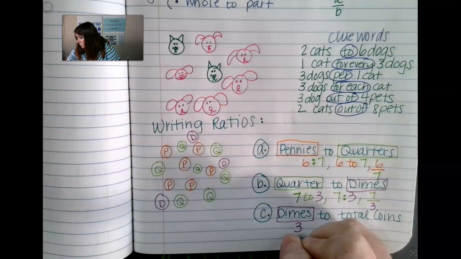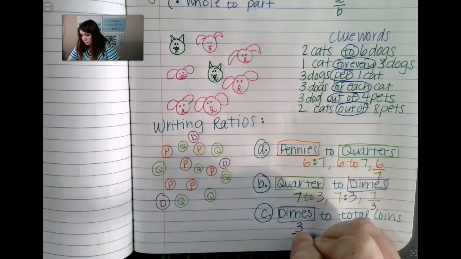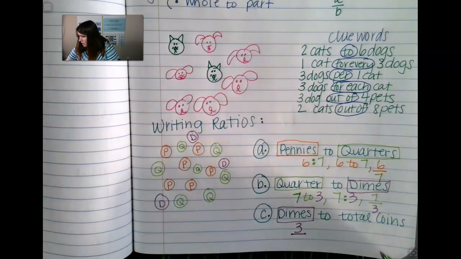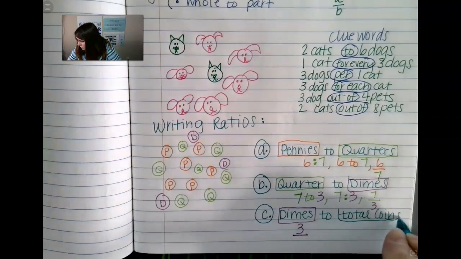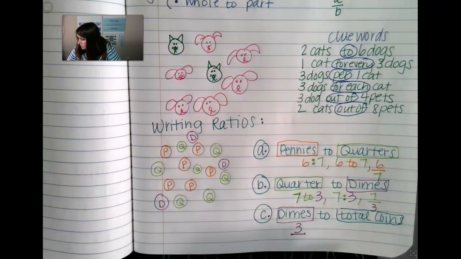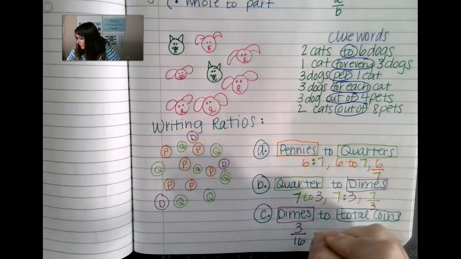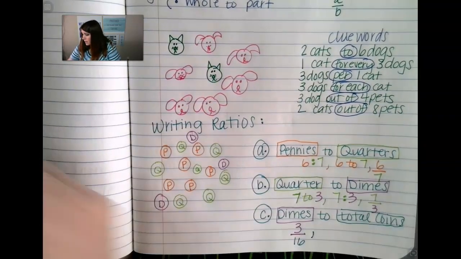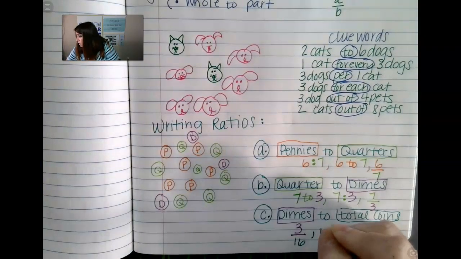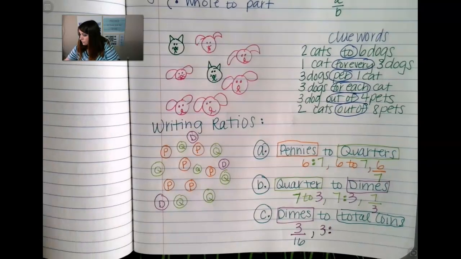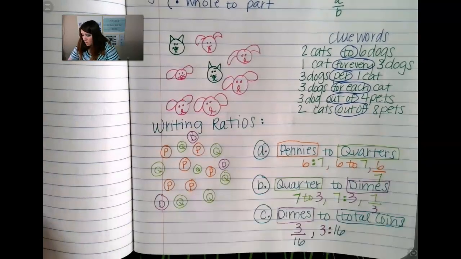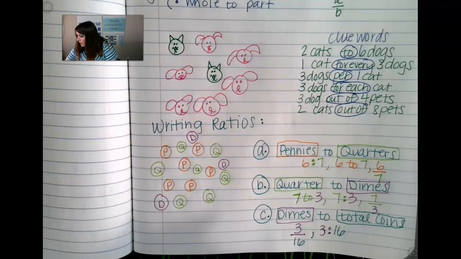You could also double count that if you wanted to. So total coins, I said there were 16. So we could write it as a fraction. You could write it with a colon, 3:16. Or last, you could write it as 3 to 16.